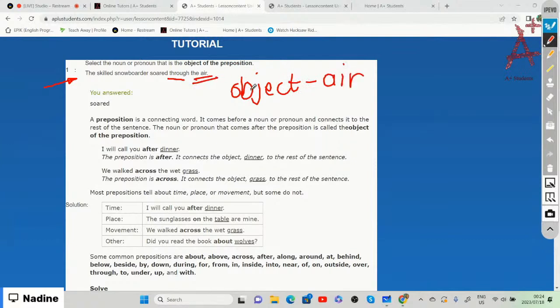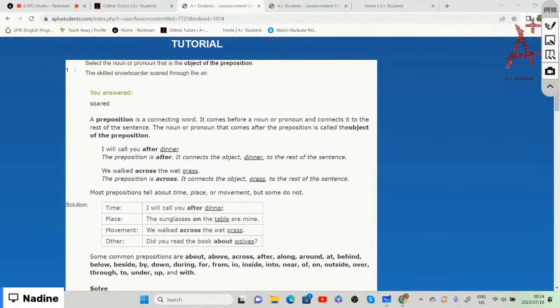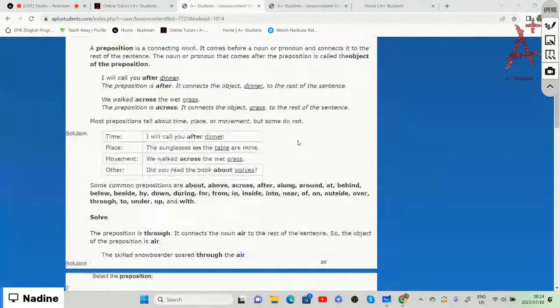So air being the object, right? So the preposition, which is through, connects the object, which is air, to the rest of the sentence. So air. So here they said that we need to select the noun or pronoun that is the object of the preposition, and air is the object of the preposition, right?